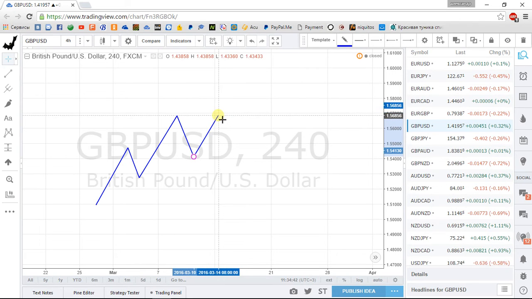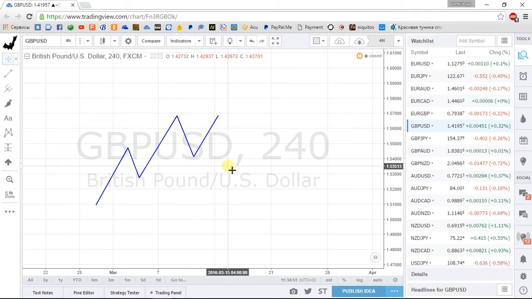We may have a wick that extended beyond this zone, but we shouldn't have any close above that.